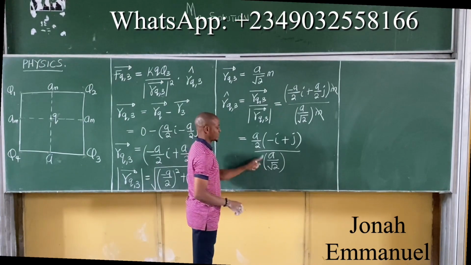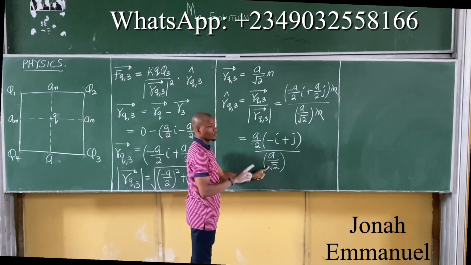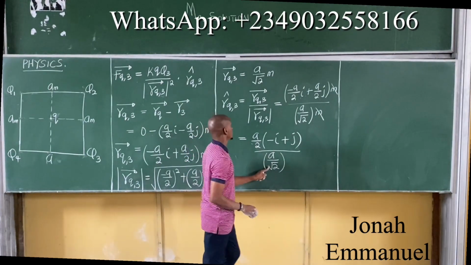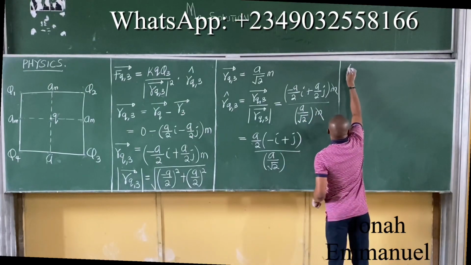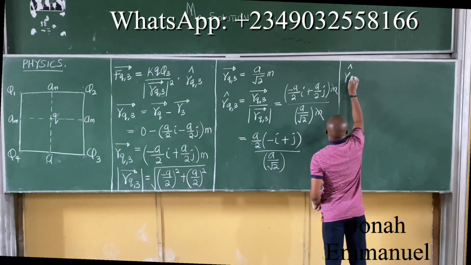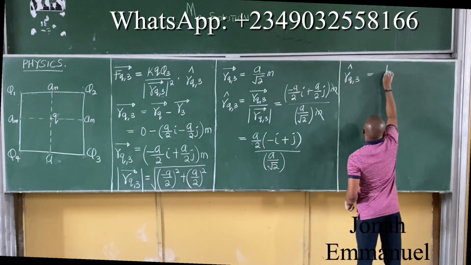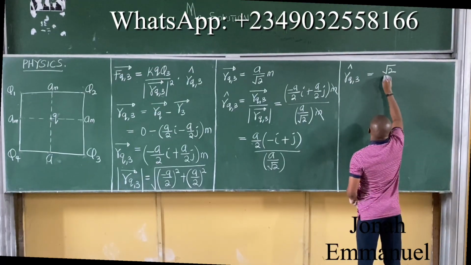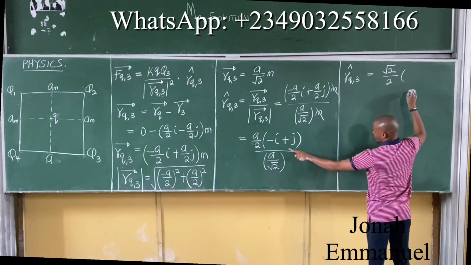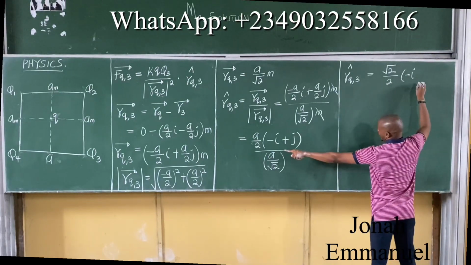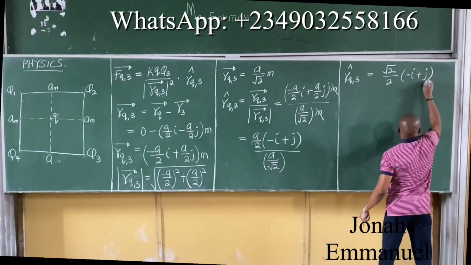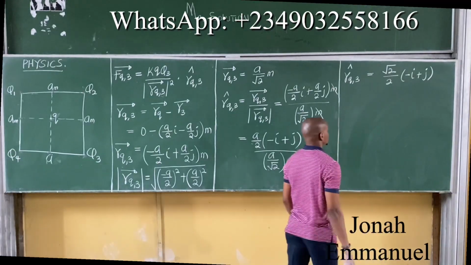We know what this will give us, that's root 2 over 2. Right. So I have that the unit vector of RQ3 is equal to root 2 over 2 into minus I plus J.